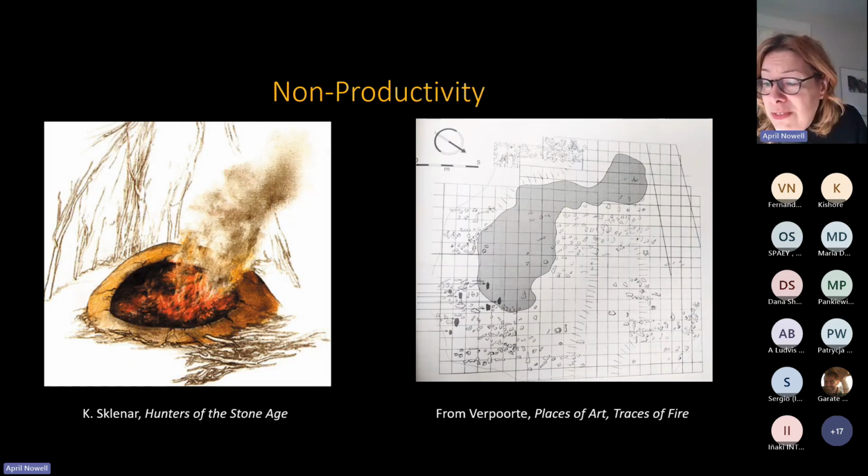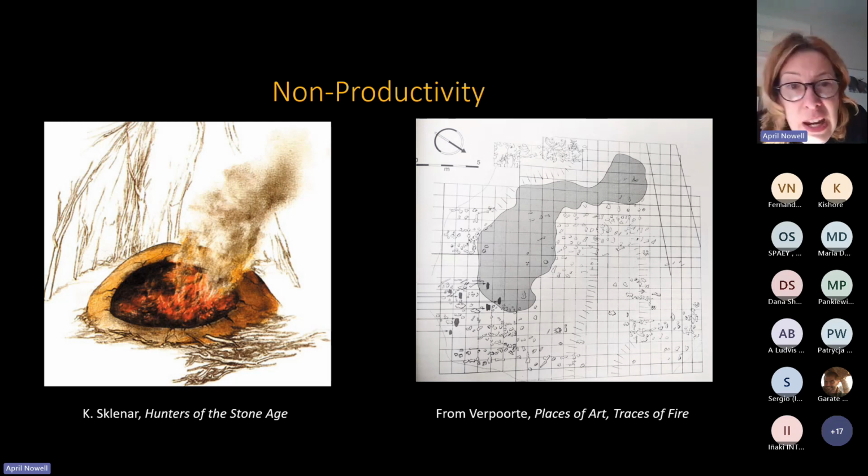And so what we know is we find the ceramics in or immediately next to the hearth structures. So what you see on the left is a drawing of one of these hearths as they might have existed at these sites. And on the right, you see a drawing of one of the first excavations at Dolní Věstonice.